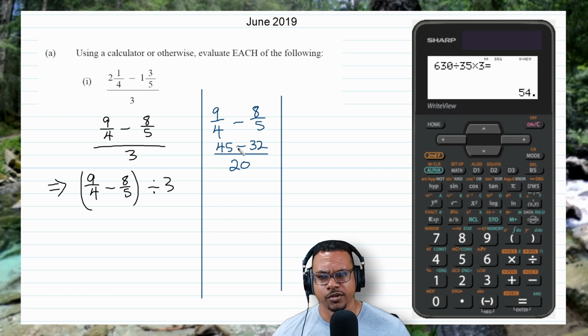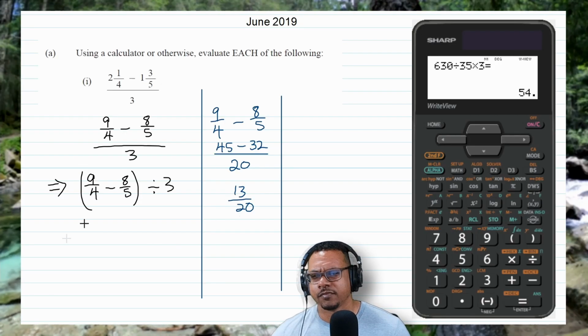Then I'll subtract the 45 and the 32, and I'll get 13. So this is equal to 13 over 20. So this implies we'll have the 13 over 20 divided by 3.